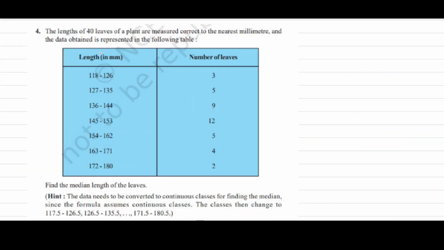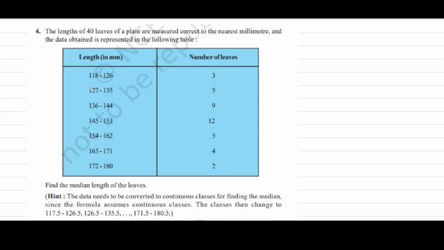Now the lengths of 40 leaves of a plant are measured correct to the nearest millimeter, and the data is represented in the following table. Find the median length of the leaves. The hint is always given here: the series is not continuous.